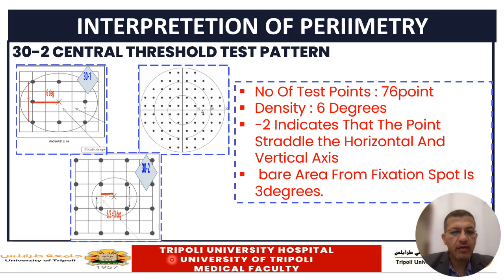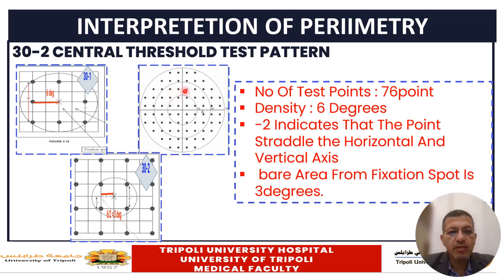This is an example of the 30-2 central visual field test pattern. The figure 30 is obvious: 30 indicates the central 30 degrees from the point of fixation. But what's the meaning of the -2? Previously they were using a 30-1, for example, like this one, in which all the test points are exactly on the midline, the test points falling on the vertical or horizontal midline.